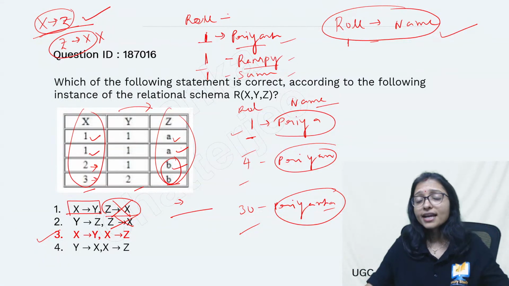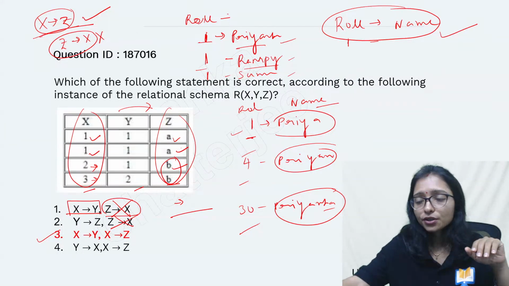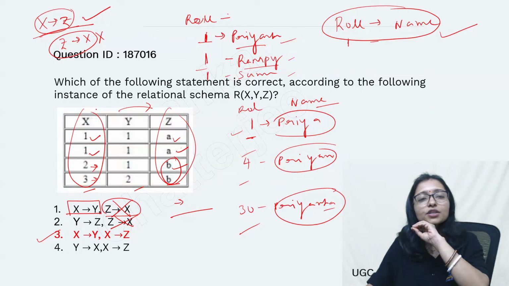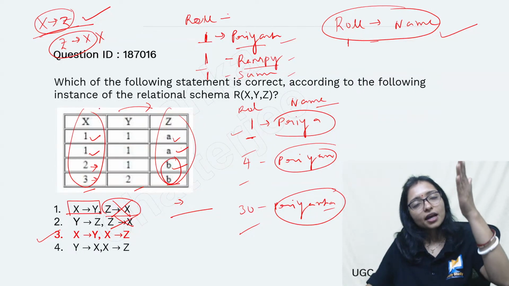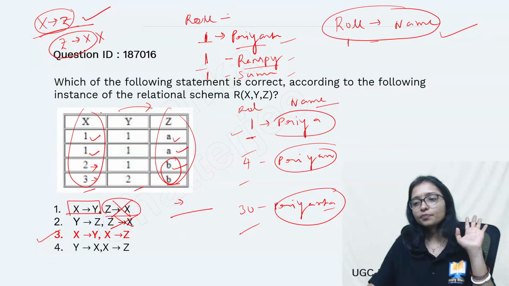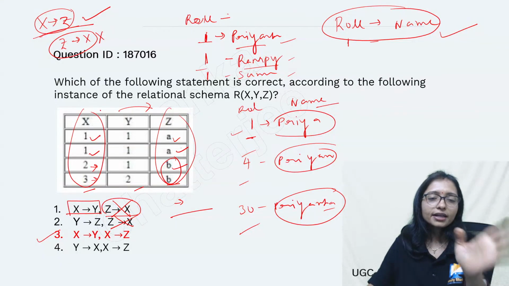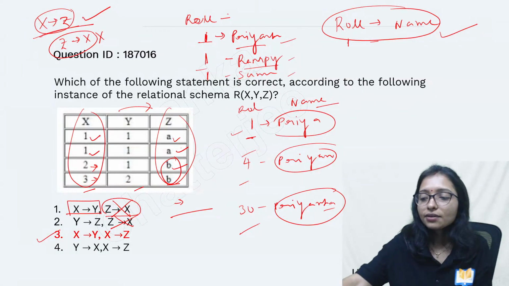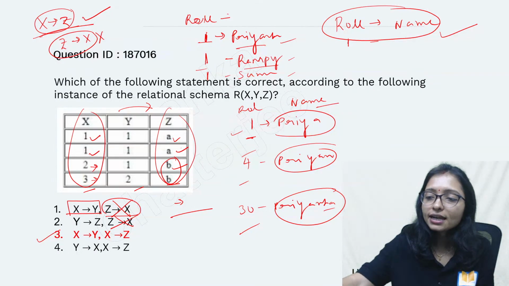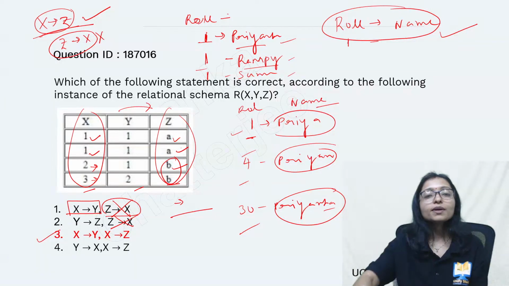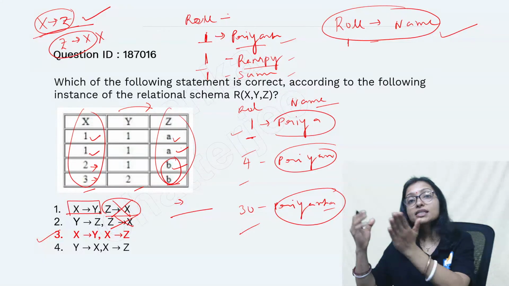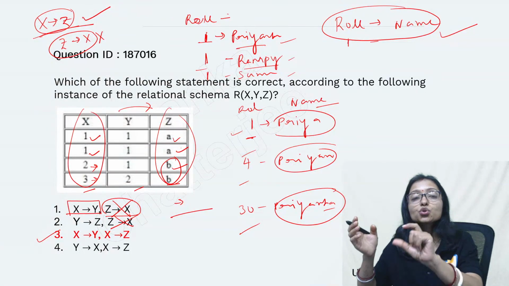So what is the trick I am telling you? Check the left hand side. If there is no duplicate, if all elements are different, then no problem, it will definitely hold. If there are some repeated elements, then for those duplicate elements, always remember that whenever I say this implies this, the right hand side values should be the same.